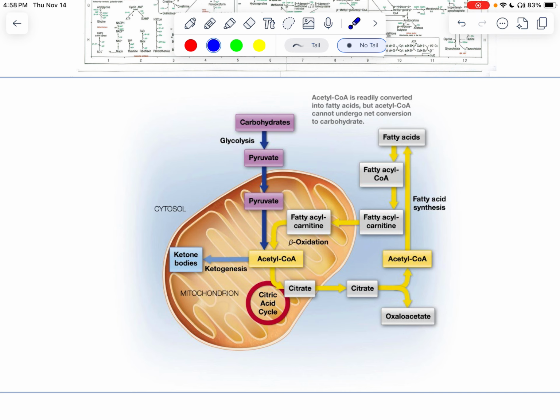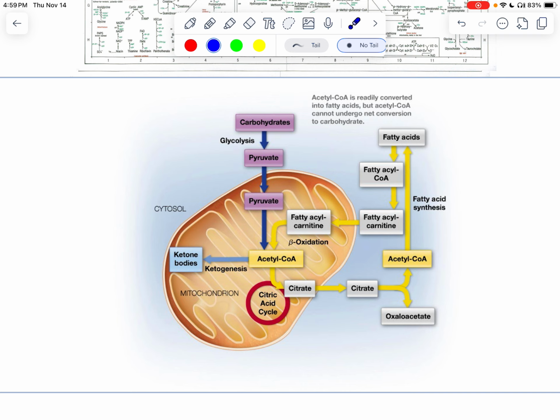And then once we have it, there are various possible paths. The main one is we're going to go through that citric acid cycle, and then we're going to use those high energy electrons in that electron transport chain to set up the proton gradient for the ATP synthase. We also looked at its use in ketone bodies.